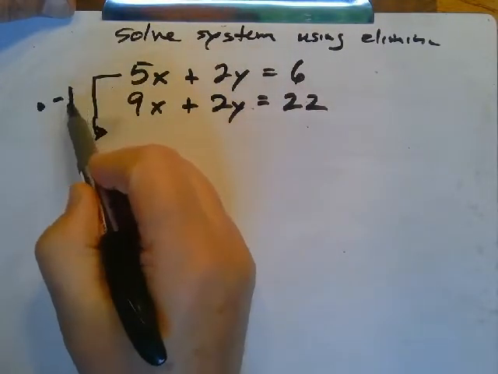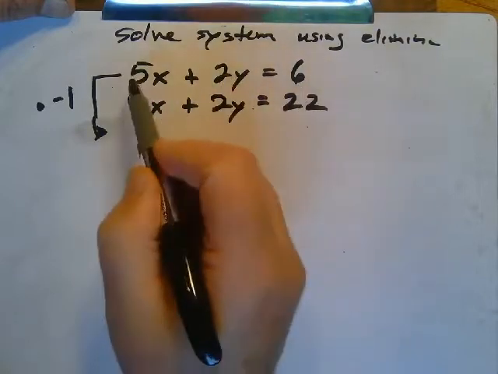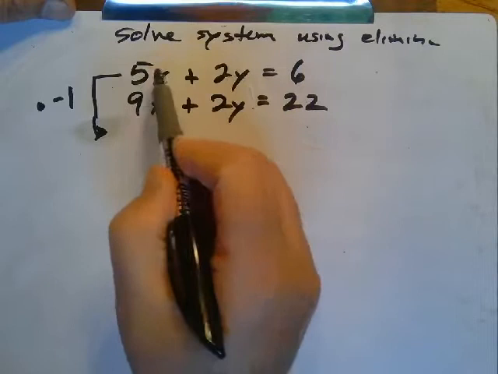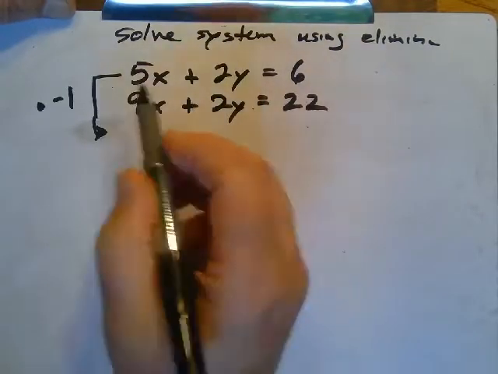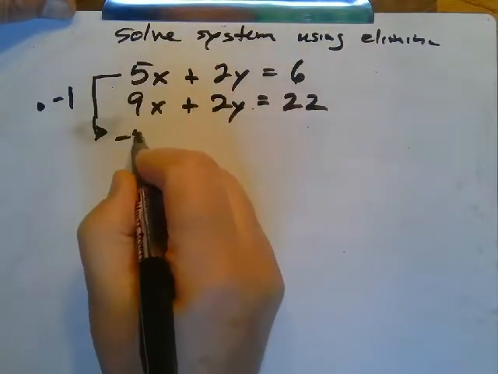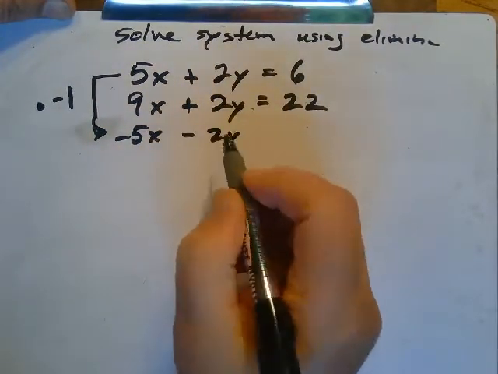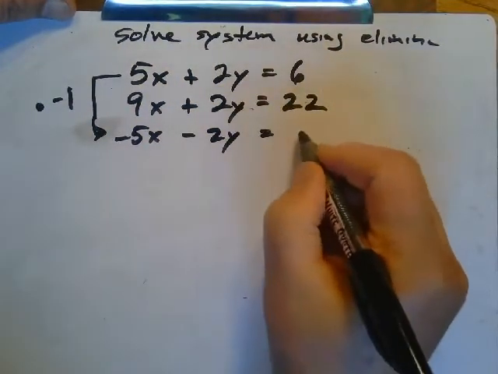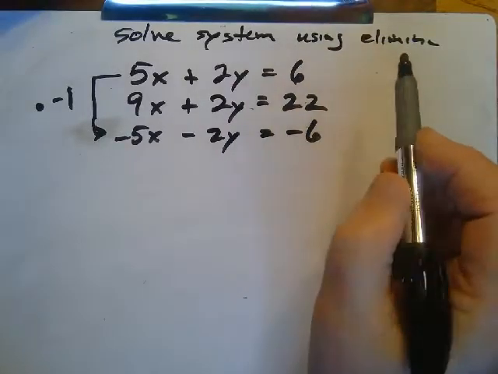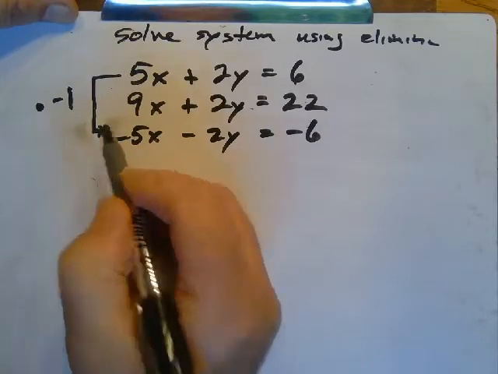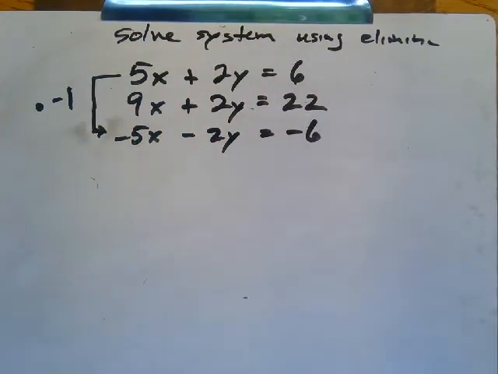But if we multiply this top equation by a -1, I have to distribute and multiply every number times a -1. So -1 times 5 is a -5. -1 times 2 is a -2. -1 times 6 is a -6. So I just multiplied each term in that first equation by -1.